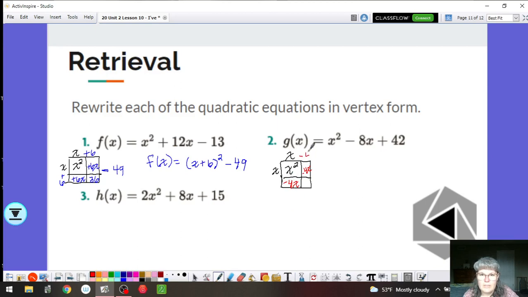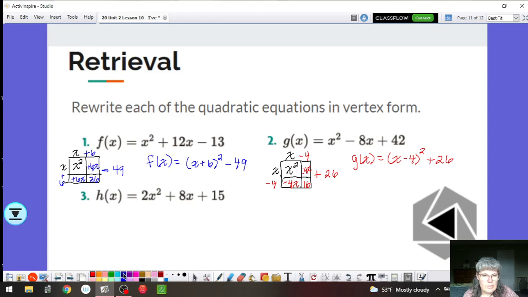So we have x minus 4 times x minus 4, which gives us a positive 16, but we need to get up to 42. So that's going to be plus an additional 26. So our vertex form is g of x equals (x minus 4) squared plus 26.